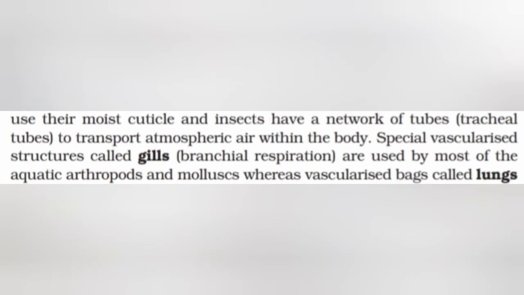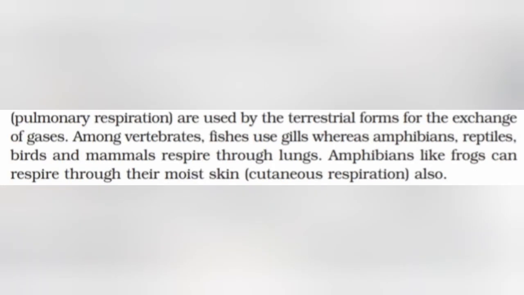Earthworms use their moist cuticle, and insects have a network of tubes called tracheal tubes to transport atmospheric air within the body. Special vascularized structures called gills, that is branchial respiration, are used by most of the aquatic arthropods and mollusks, whereas vascularized bags called lungs, that is pulmonary respiration, are used by terrestrial forms for the exchange of gases.